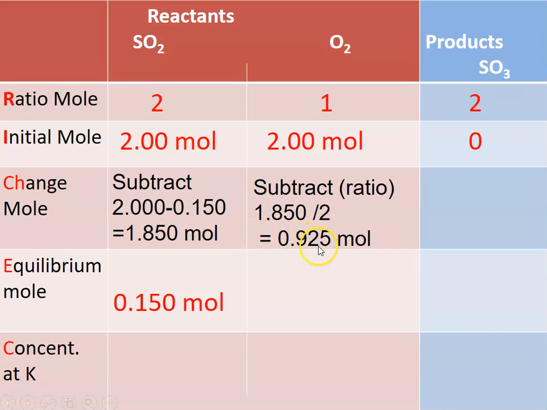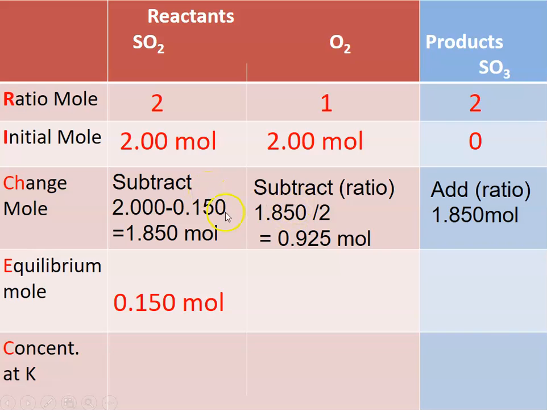I'll just summarize that to fit it in here. So if we reacted 0.925 moles of this, and we started with 2 moles, go back, how much of that did we make? It's a 2 to 2 relationship, so it's the same number of moles.